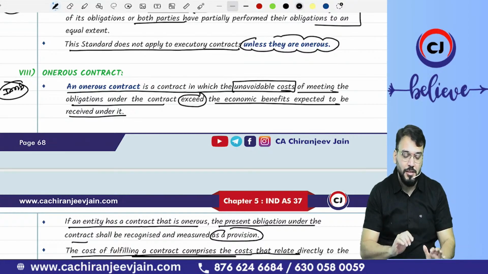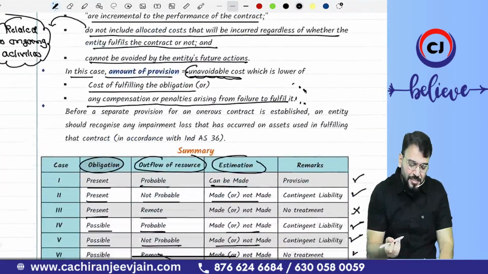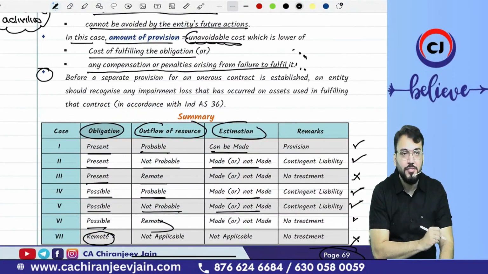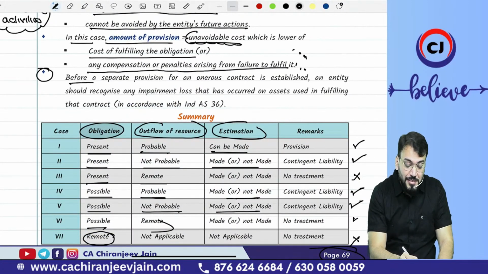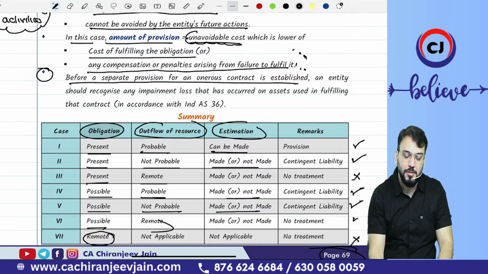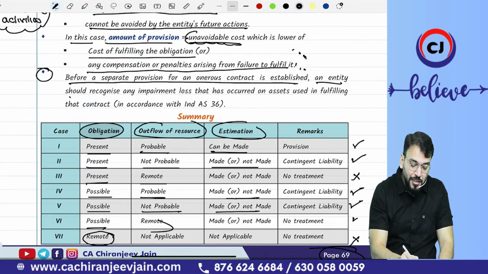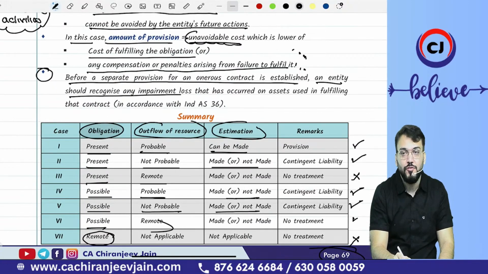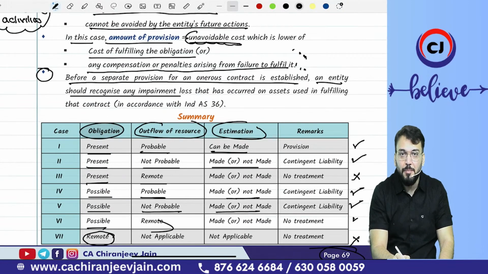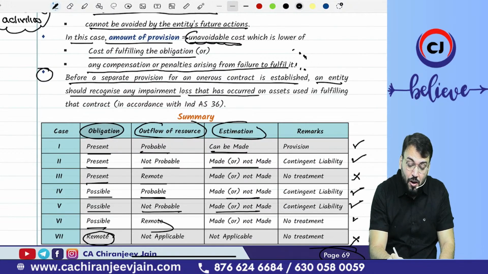Correct? Yes, sir. There is one more point in the last para of this particular concept. Before a separate provision for an onerous contract is established, the entity should recognize any impairment loss that has occurred on an asset used in fulfilling that contract.